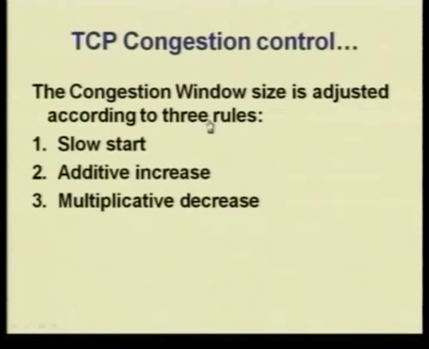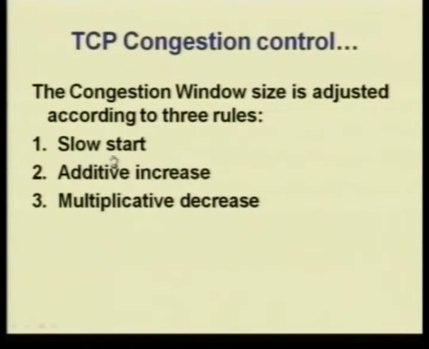Now this congestion window size is adjusted according to three rules. One is slow start, another is additive increase, and the other is multiplicative decrease. In fact, these last two are normally combined and referred to as the additive increase multiplicative decrease technique, or the AIMD technique.